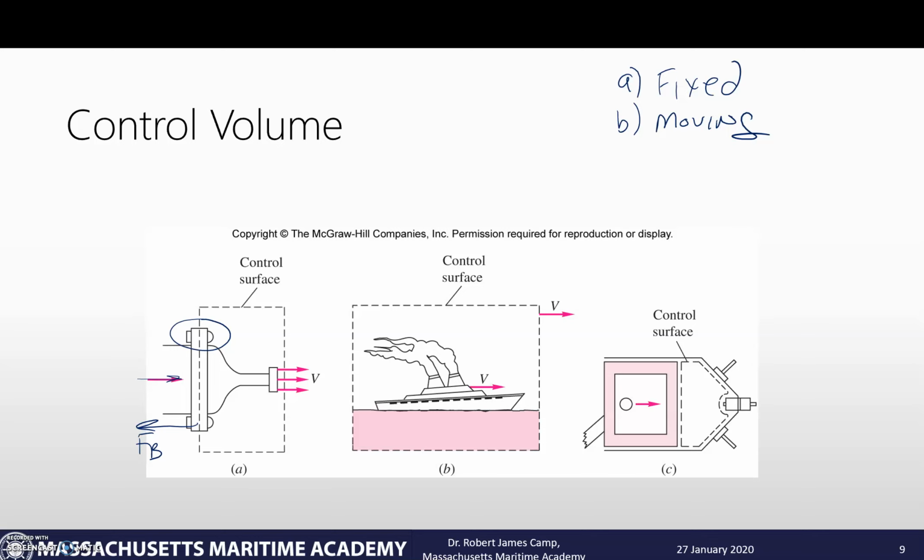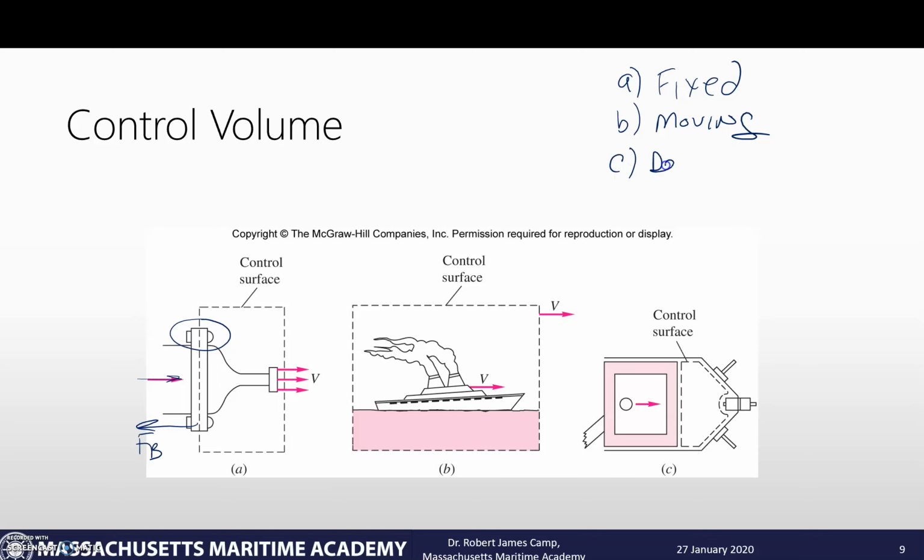And why do we do that? Because in picture B, we care about the ship, not the ocean. Since we're moving the control volume along with the ship, we can study what's happening around the ship and not worry about what's going on in the ocean, where the ship had only been in the frame for a brief moment of time as it rolls in one side and not the other.